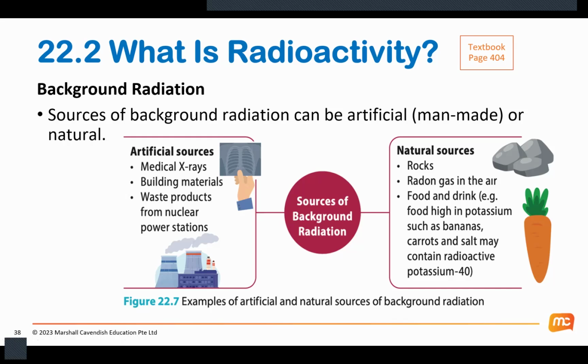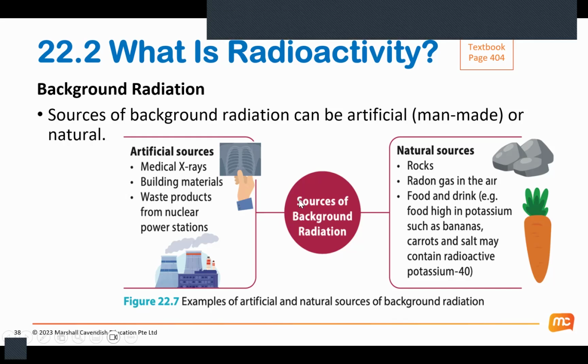In certain food and drinks, especially things that are high in potassium or high in salt, like your table salt, your banana, certain food also do emit radiation, as well as certain rocks. Another natural source is cosmic rays from outer space. This also creates background radiation, but you don't really need to know exactly what those sources are.